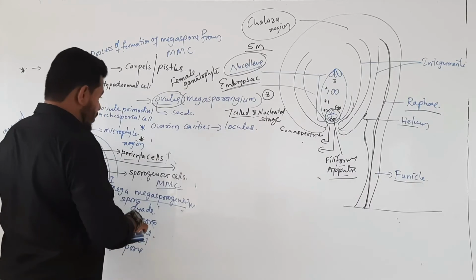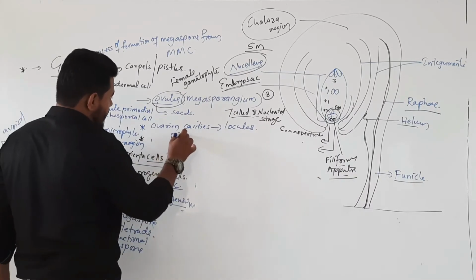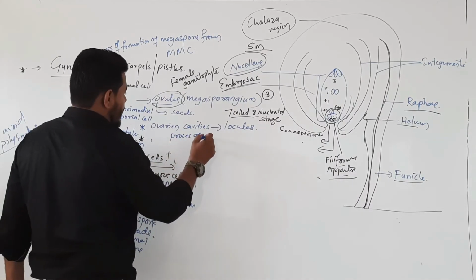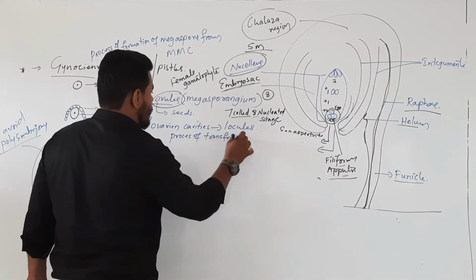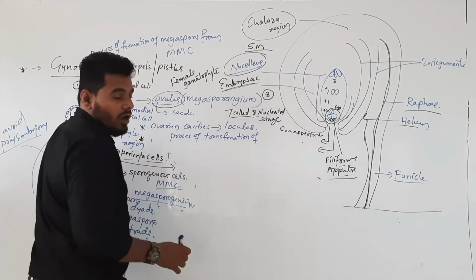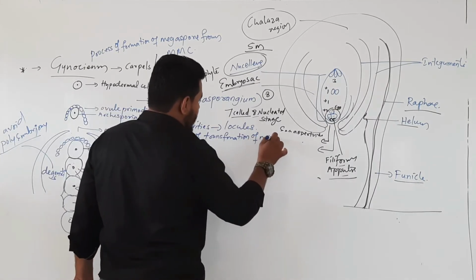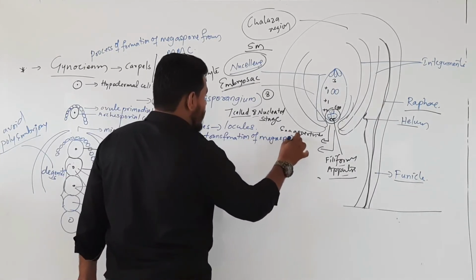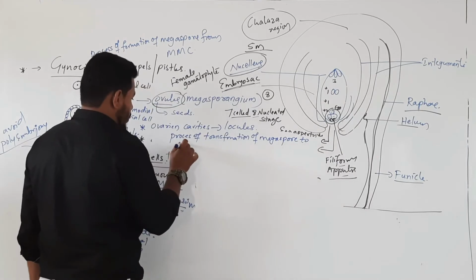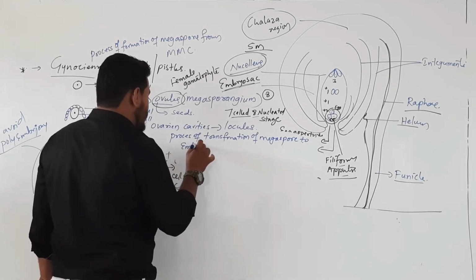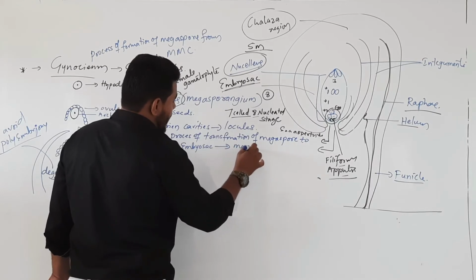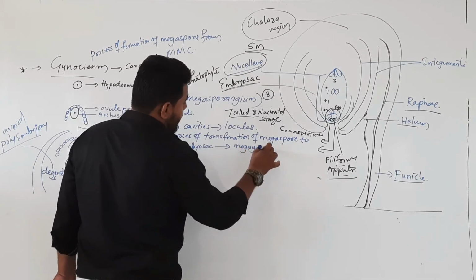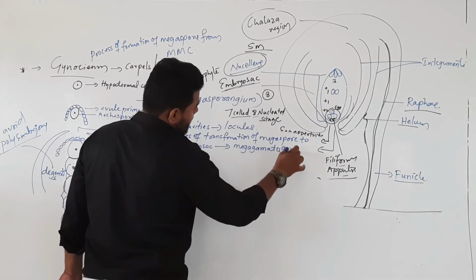Okay, so the process of transformation of megaspore to embryo sac is called megagametogenesis.